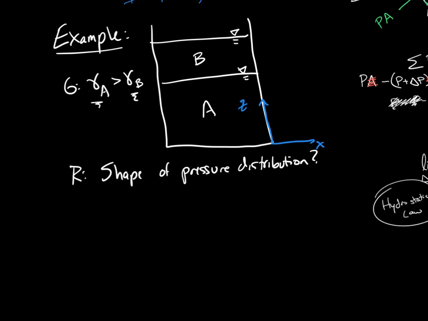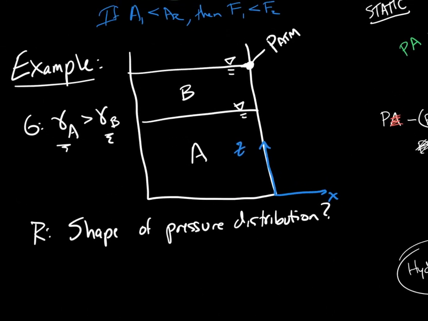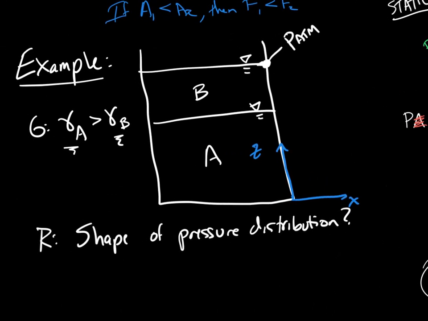Let's go up to the surface right here. What's the pressure at the surface of this fluid? Remember, this is a plot; I'm not drawing anything that exists outside of it. The pressure at the surface is the atmospheric pressure. What's the pressure of the atmosphere? You have a choice.